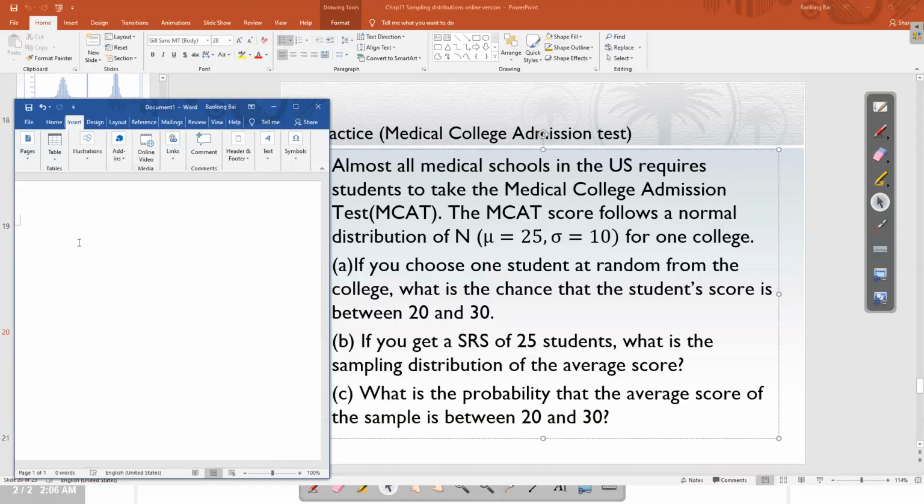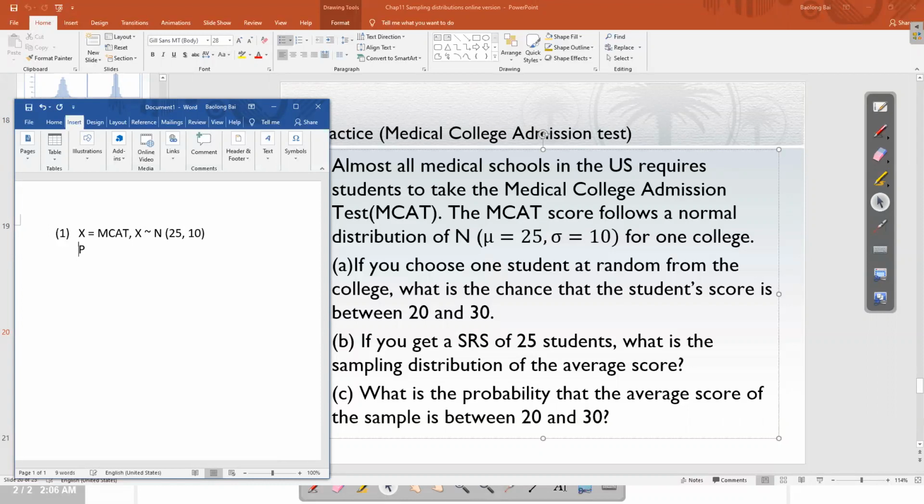So when you look at a problem, if you define variable x as the MCAT score, then we know the variable x will have a normal distribution with mu equal to 25 and standard deviation sigma equal to 10, right?